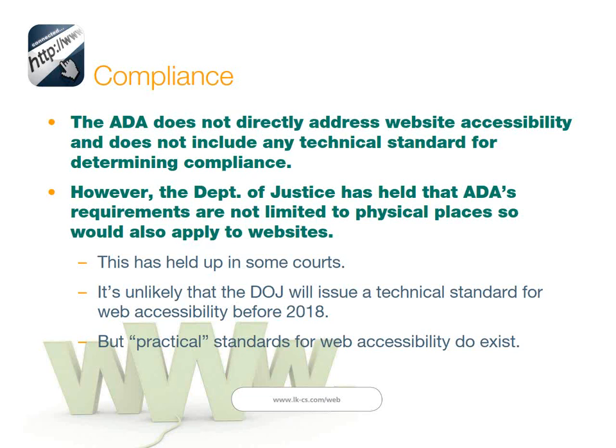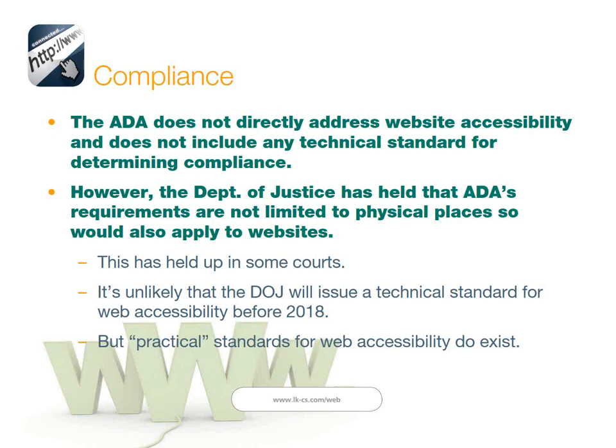Everybody is waiting for the Department of Justice to issue a technical standard for web accessibility. That's not expected until the earliest next year. We all know how slow the government can act, so there's no guarantee that they'll even issue anything in 2018.